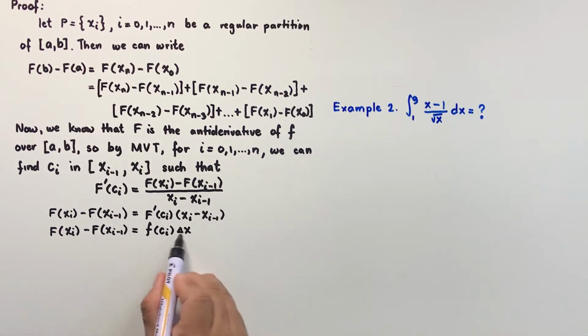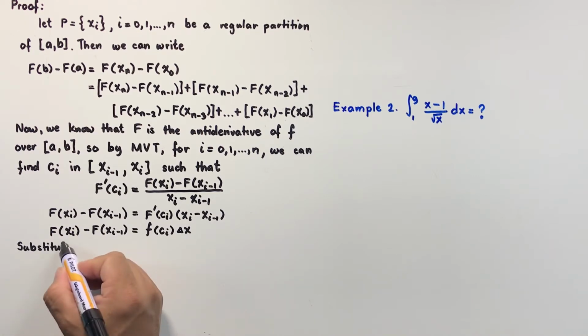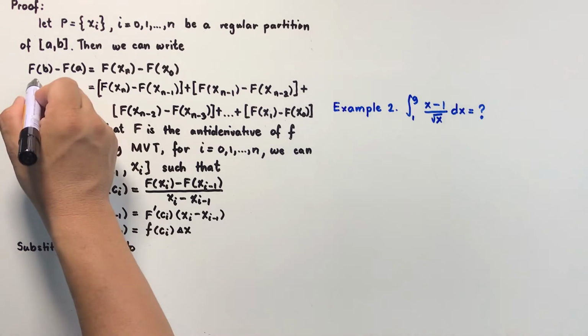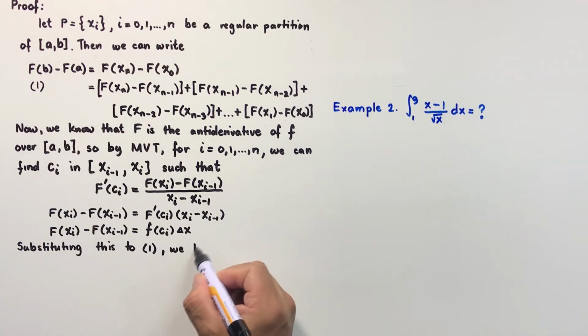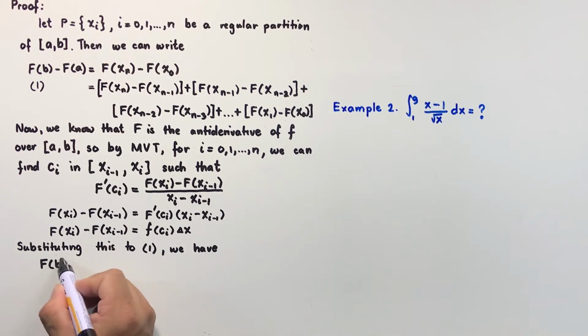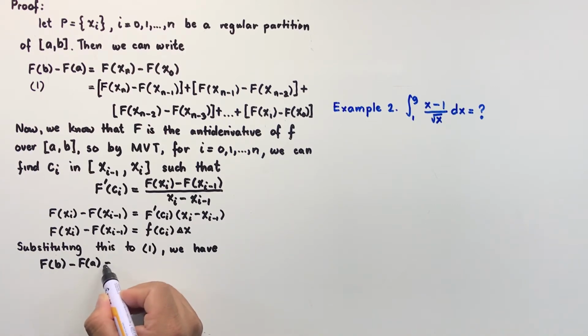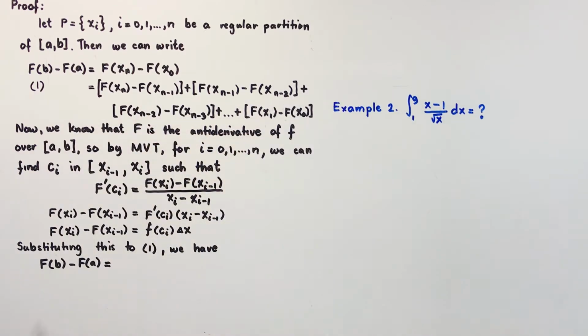Now, substituting this statement into our previous equation, say this is our equation 1, we have our big F of b minus the big F of a, which in this equation is the sum of the differences of the big F over every subinterval.